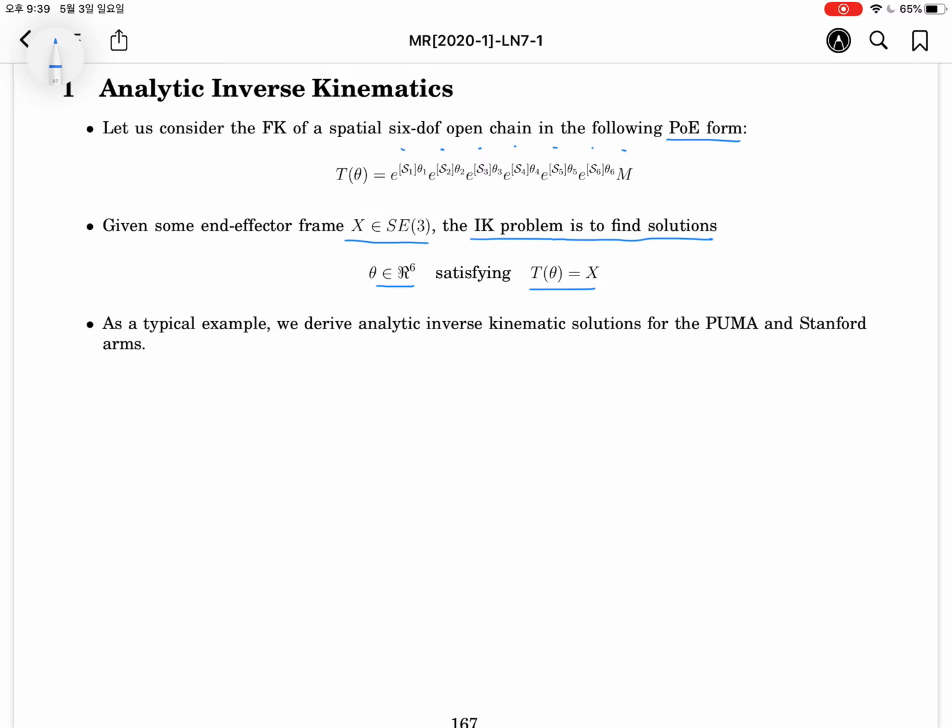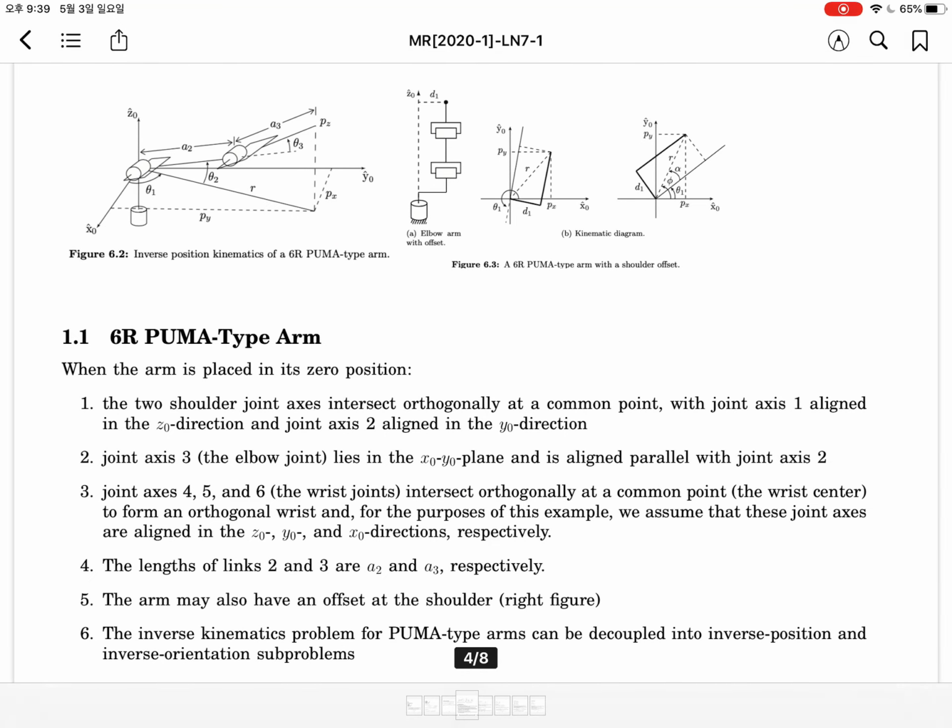As a typical example, we derive the analytic inverse kinematic solution for the Puma and the Stanford arm. Puma 6R. The Puma is composed of 6 revolute joints. The Puma arm is placed in its zero position. Actually, there are zero positions like this.